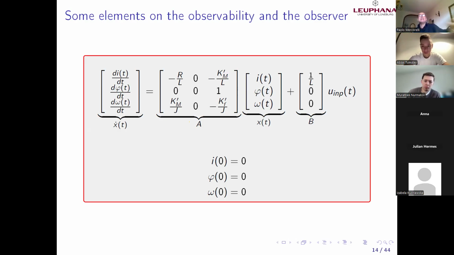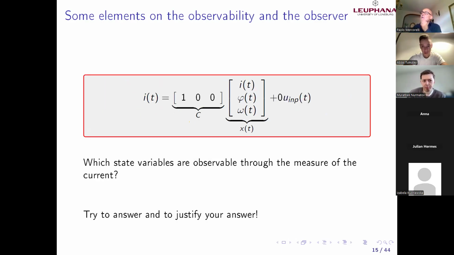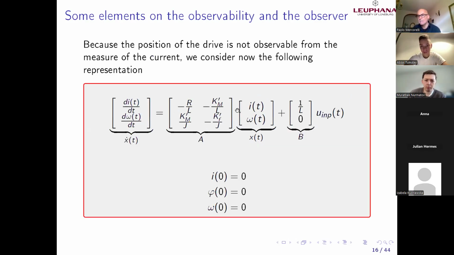MATLAB Simulink is just a tool; we can use also different tools, different software, not necessarily to communicate with the microcontroller. This equation here represents the output equation. What are we measuring? We measure the current. It's a trivial equation, but for the computer, it's not trivial. We need to do that. I will come back on this.